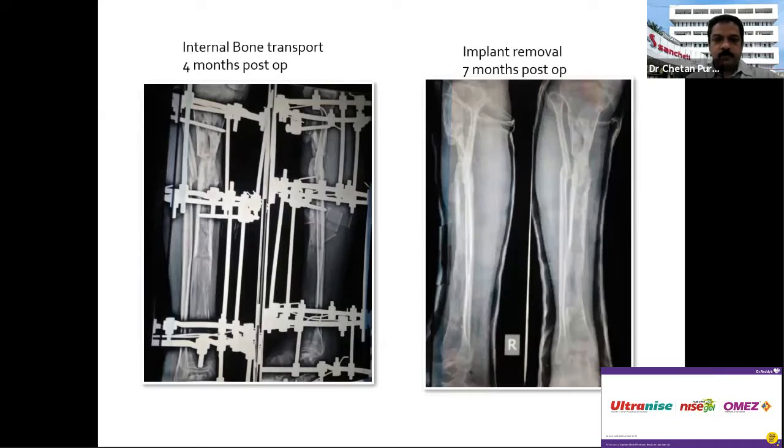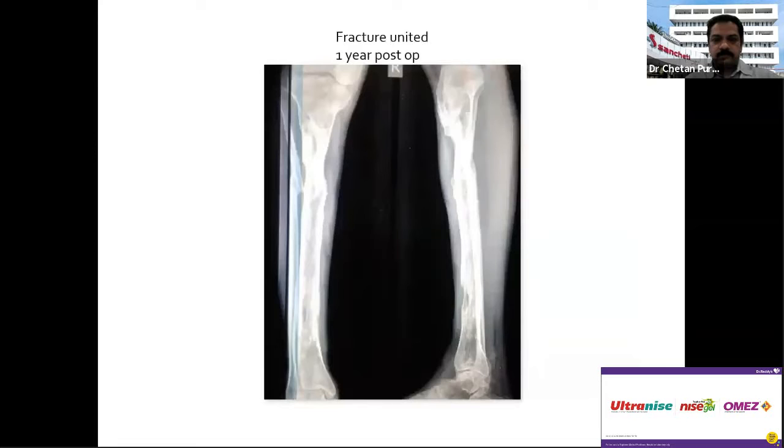This is at the end of the bone transport. Then you do a bone grafting. In this case, iliac crest was used since there was an anterior cortical defect. And as you can see, the regenerate is consolidated and the fracture is united. This is the final picture at 1 year.